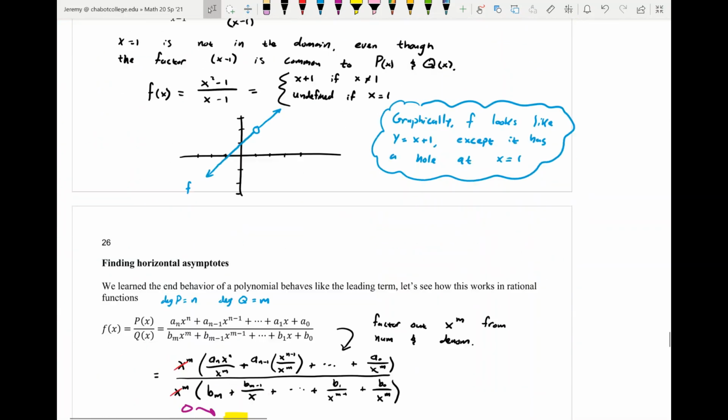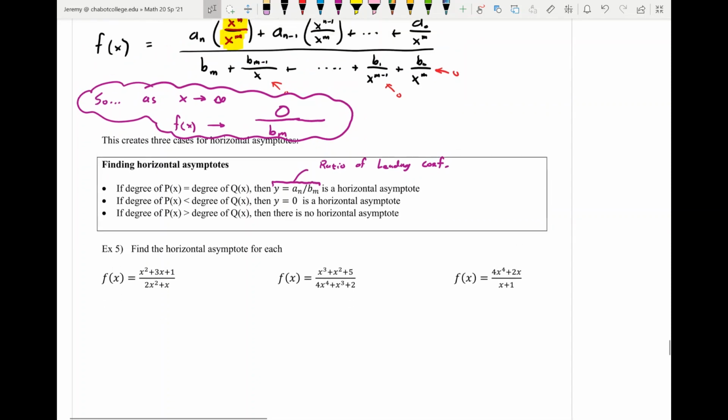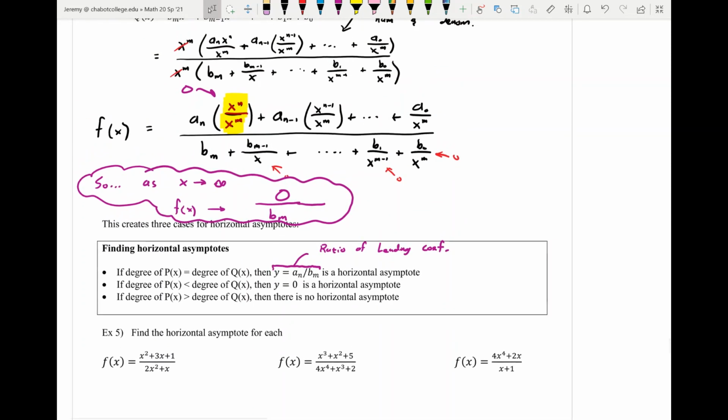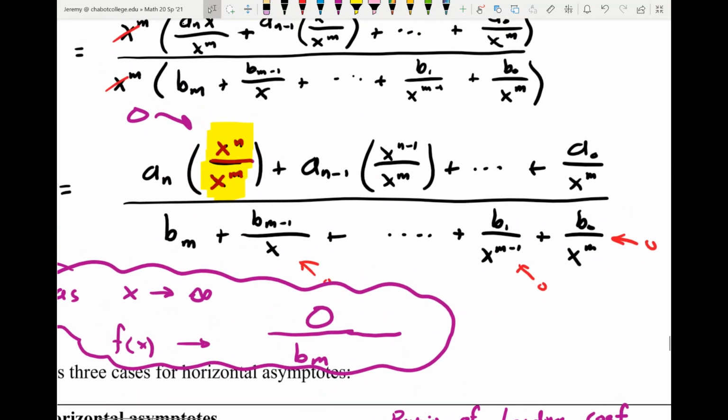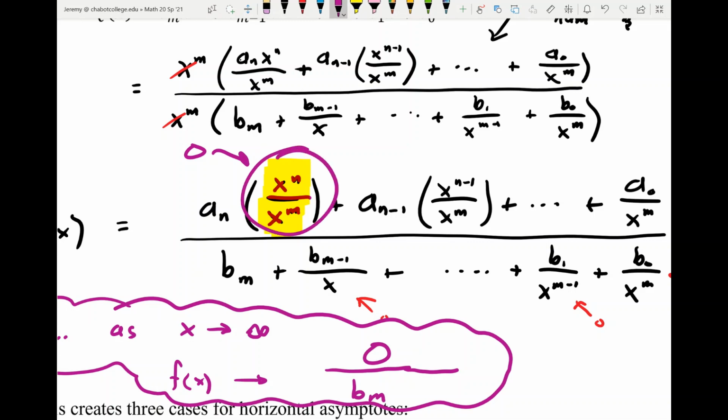And the final case, if the degree of the numerator is greater than the degree of the denominator. So again, looking up here, this is going to simplify to x to the n minus m, so something in the numerator over 1.